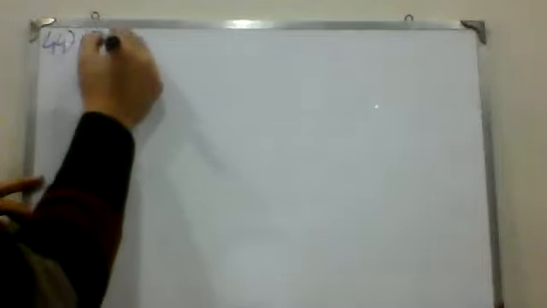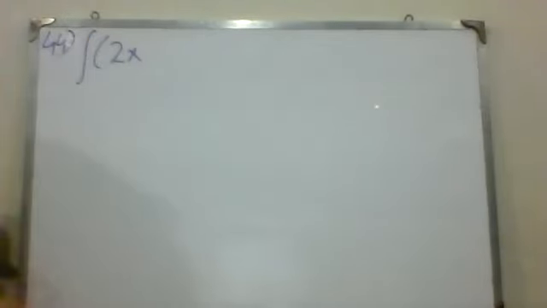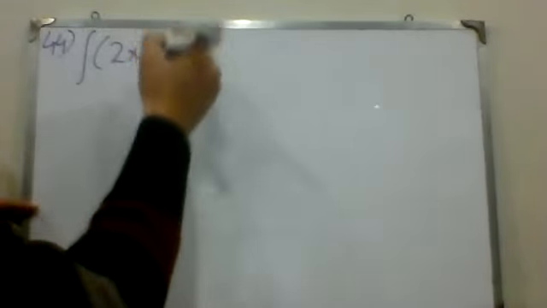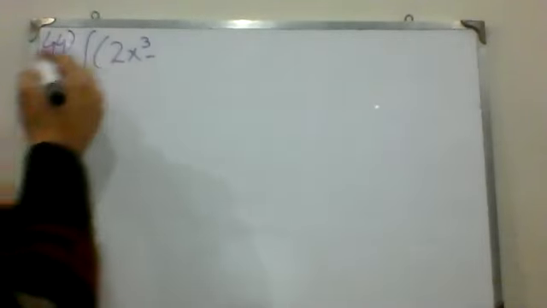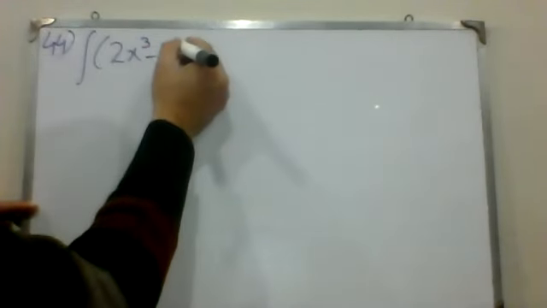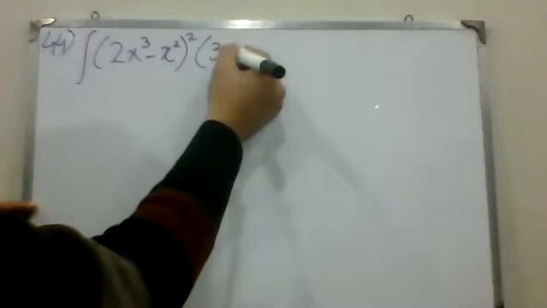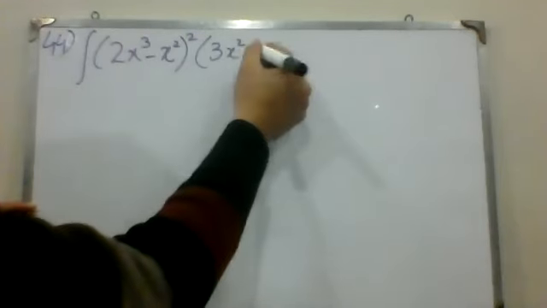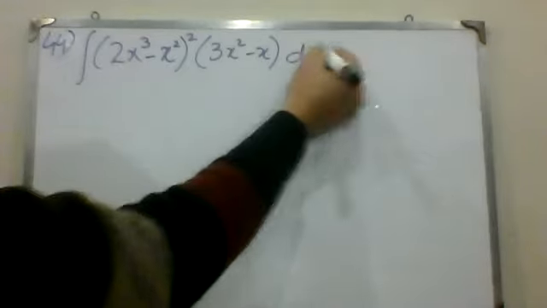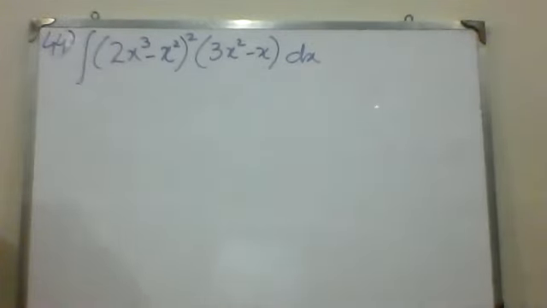Integral of (2x to the power 3 minus x square) whole power 2, times (3x square minus x) dx. That is the question that we can solve.